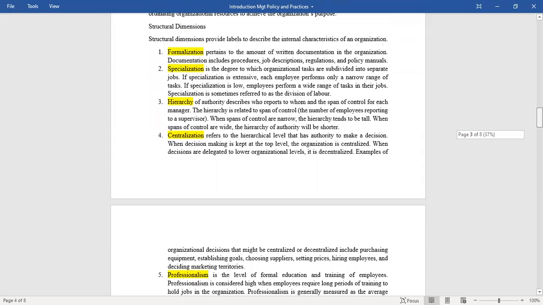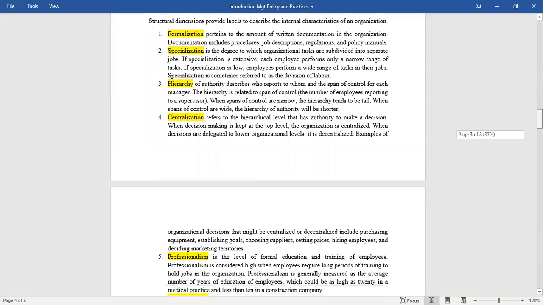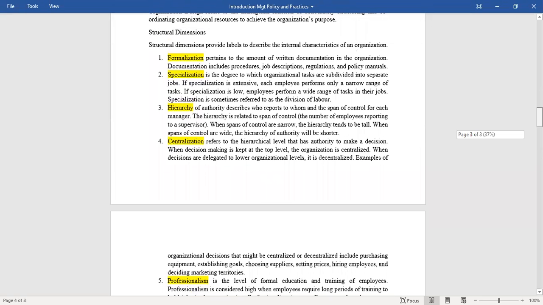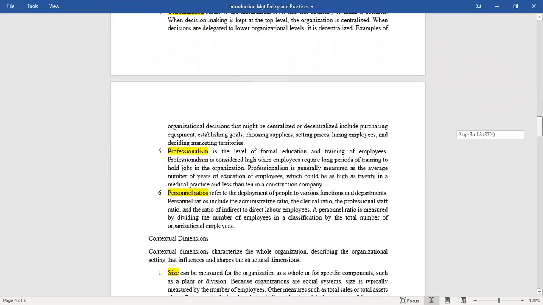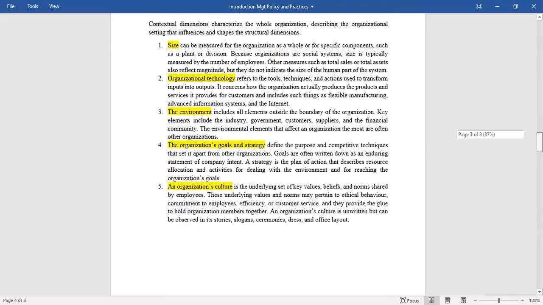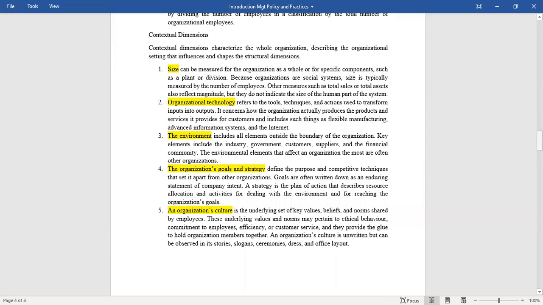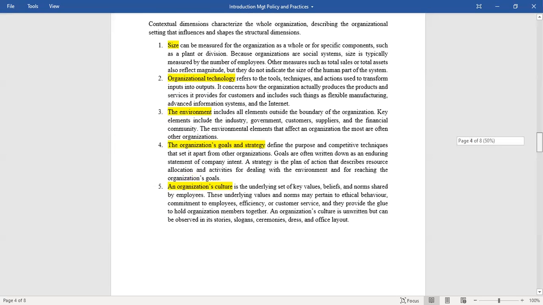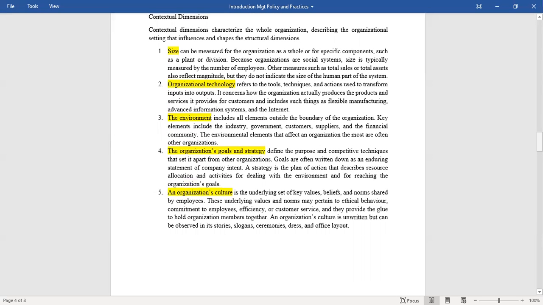So these five are the dimensions which help you establish the internal characteristics of the organization, which is called the structural dimension. The other thing which is part of the organization design, or which is considered whenever organization design thinking is being established, is the contextual dimension.